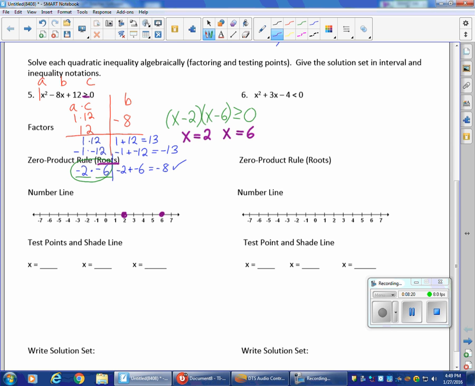What we want to do now is test intervals. So we have this left side section, the middle section, and the right side section. And we want to know which piece should be shaded, which piece represents a solution set. Well, what I want to do from here is pick some points. Any number on this side is going to work.